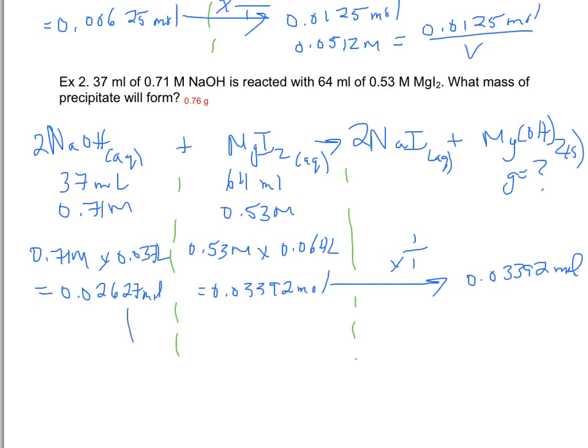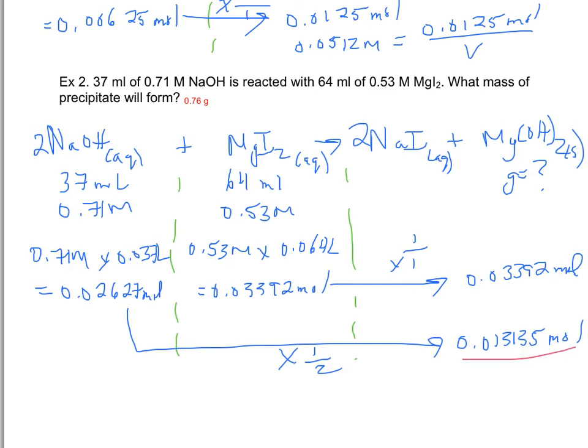And then I'm going to convert this over into my magnesium hydroxide, and here I'm going to have a 1 over 2 mole ratio. Now I can directly compare these two numbers. They're both in moles of magnesium hydroxide. And you notice this one's smaller, so that makes my sodium hydroxide my limiting reactant.